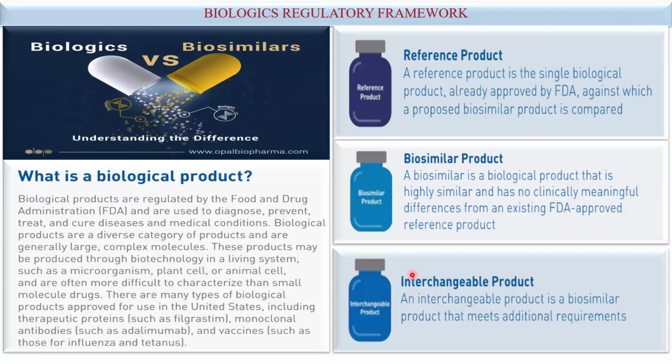The innovator product, Lantus, is the brand name launched in the US and approved as a reference product, innovator product, or RMP. A biosimilar product was developed against it and also got registered. If the doctor prescribes the reference product, the patient or the pharmacist should use only that product. If the doctor prefers the biosimilar product, the biosimilar can be used.